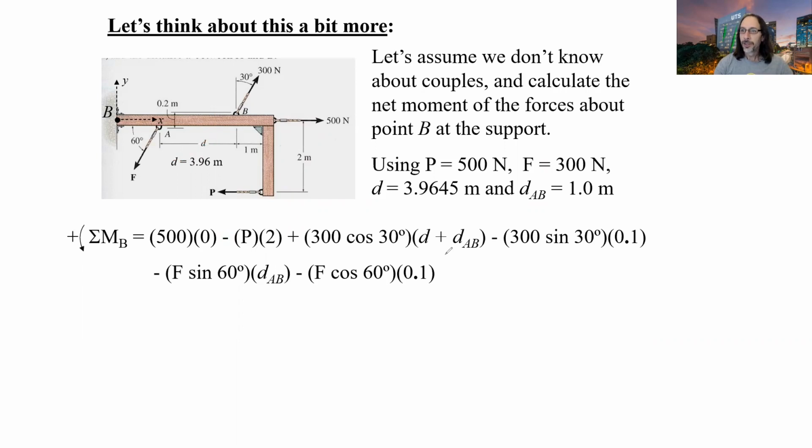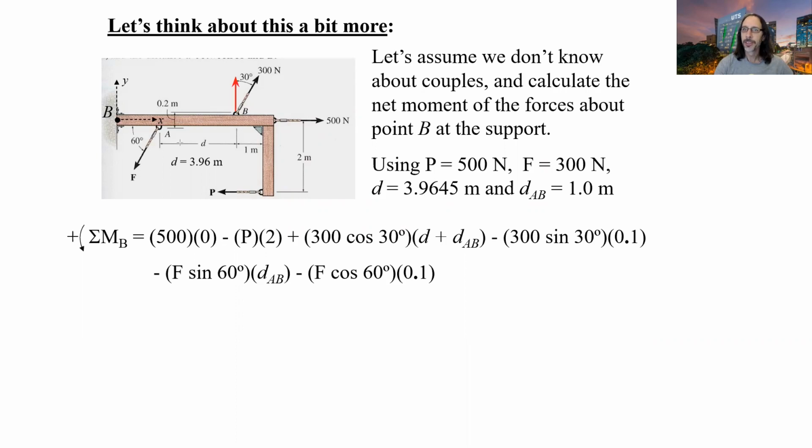Okay, the next term. We've got our 300 cos 30. So there's our component, this 300 cos 30. Its perpendicular distance from point B is the distance 1 from B to A that I defined, and the distance 3.9645 that we calculated previously.